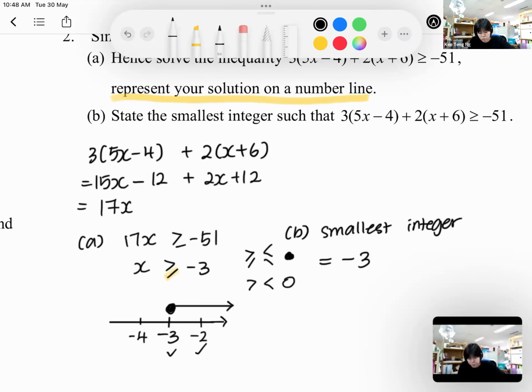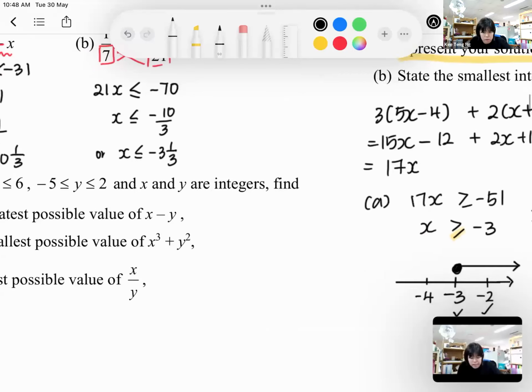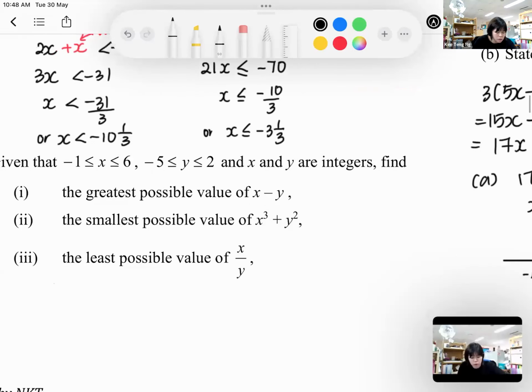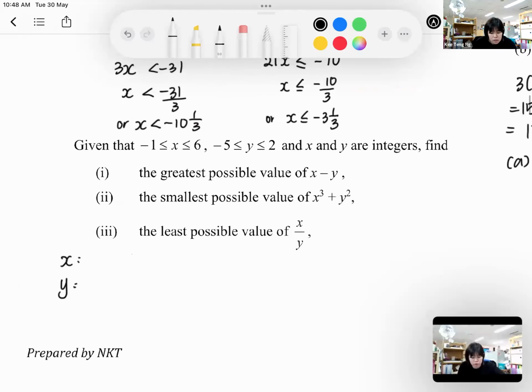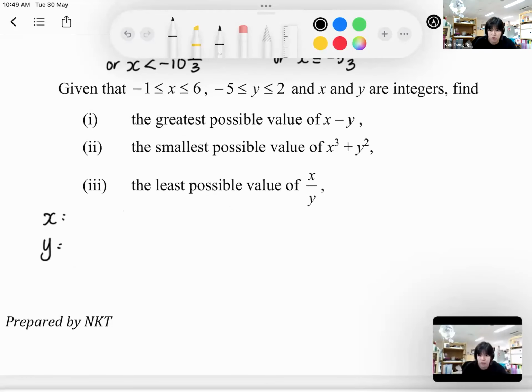Okay, so next question. Now we're going to focus a little bit more on this one over here. This question is actually a thinking question, and for me, I always try to list down the values as much as possible, which allows me to see and think. Now, there are certain tricks for this kind of question. You notice this is from -1 to 6.